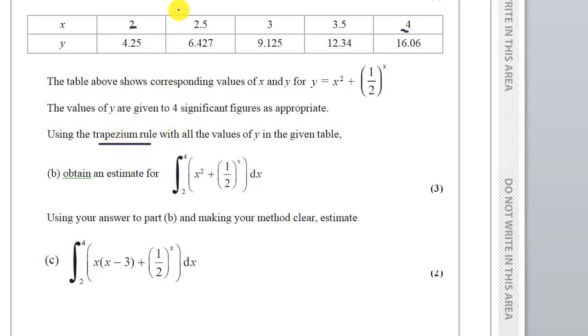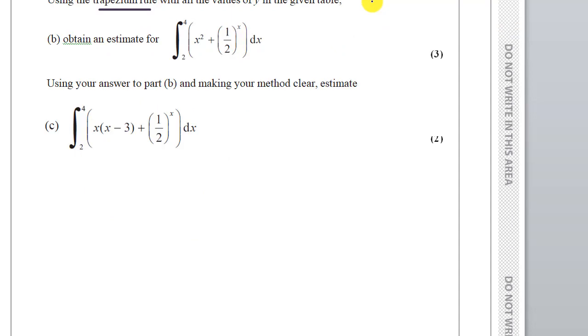Now, h here, if we go through the table, here 2 and 2.5, so 0.5, and from here 0.5, and from here 0.5, and so on. So let us use the trapezium rule.